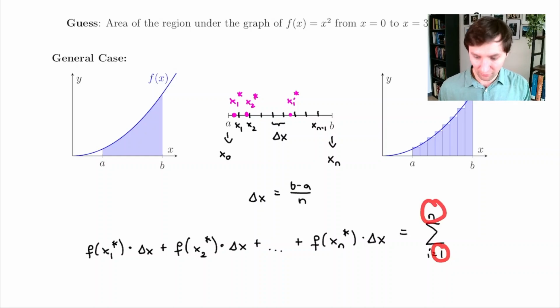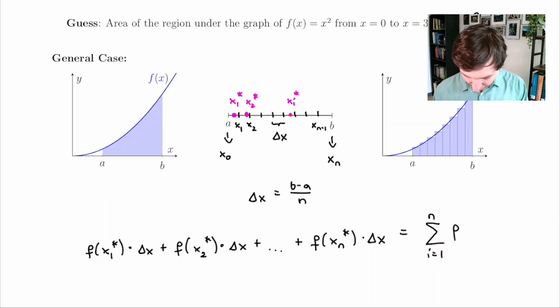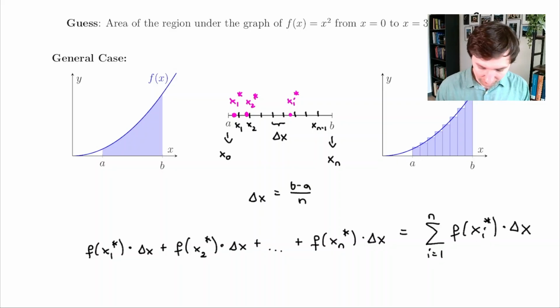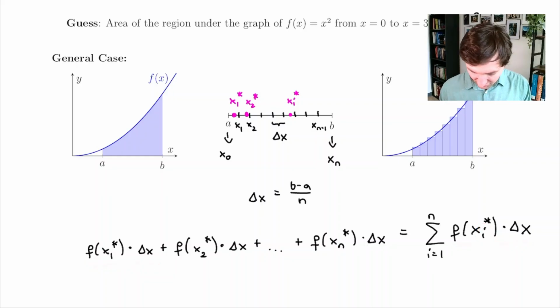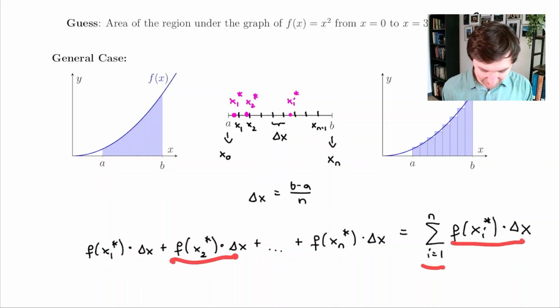The terms that you are adding are of the form f of xi star times delta x. Note that when i is 1, this i changes into 1 and you get exactly the first term. When i changes into 2, you will get exactly the second term.